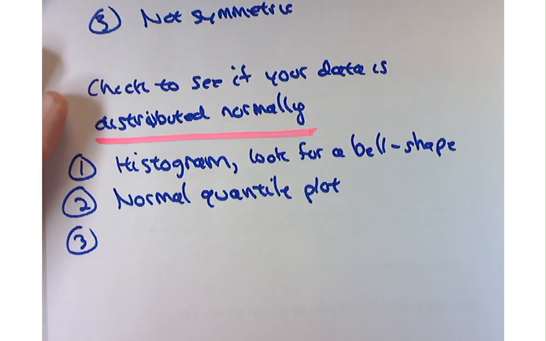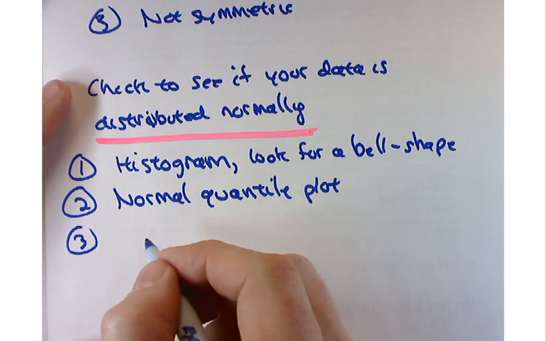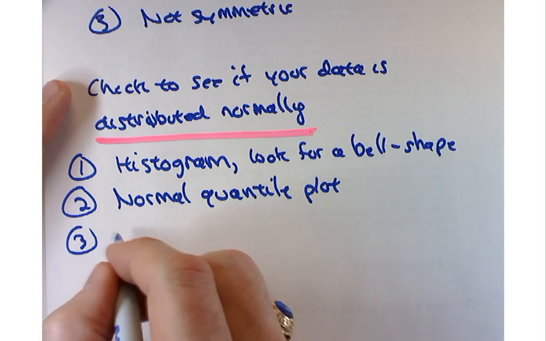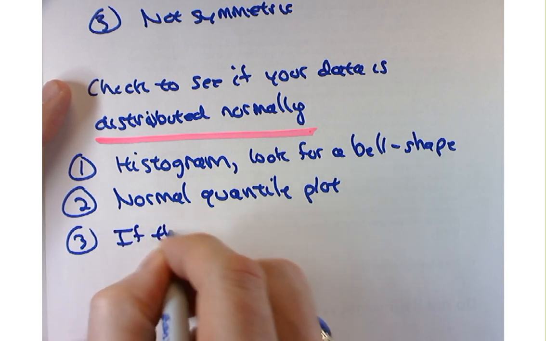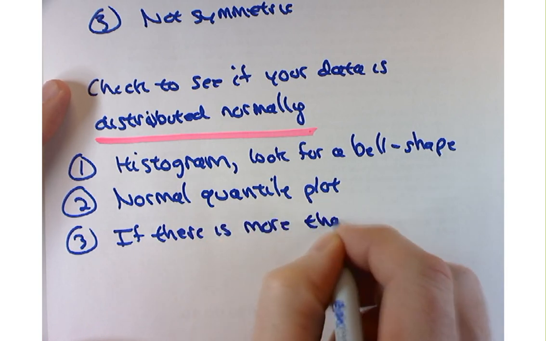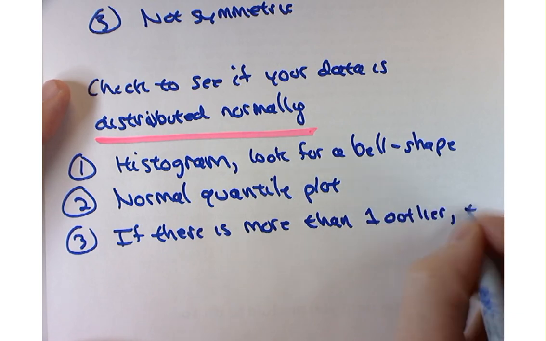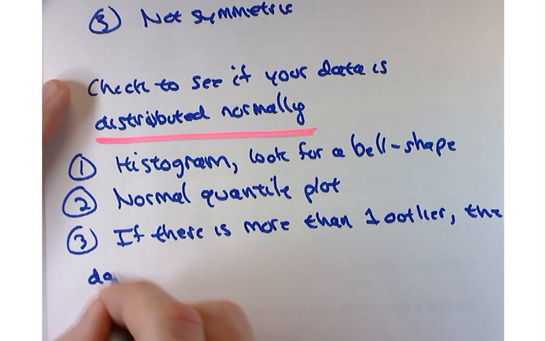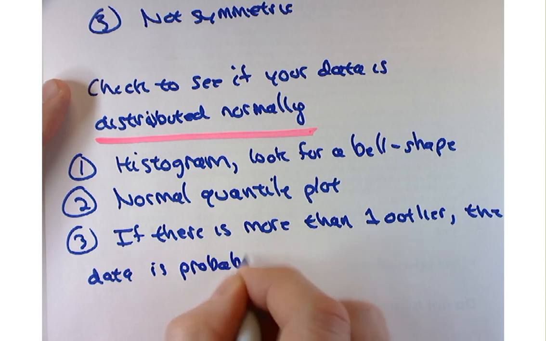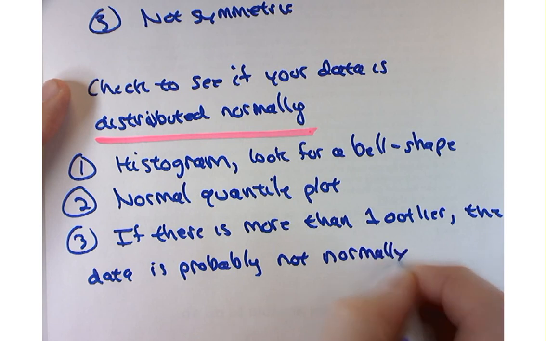And the last one that I've casually mentioned, but I'll mention again, is if there's more than one outlier, your data set's probably not normally distributed.